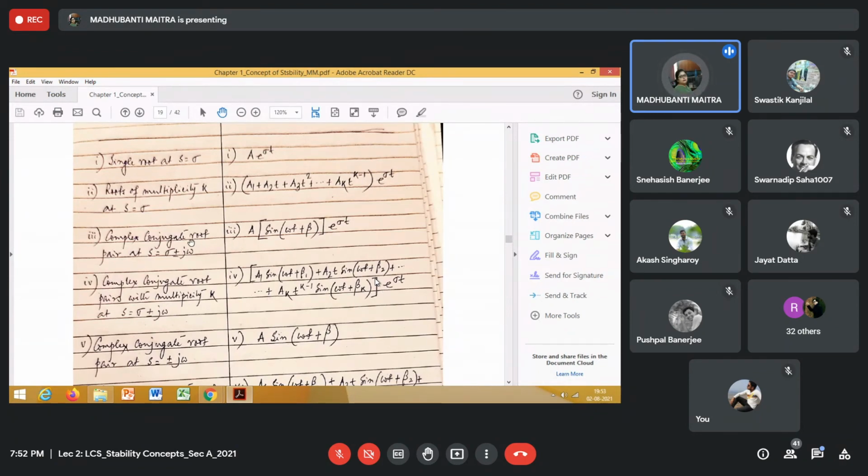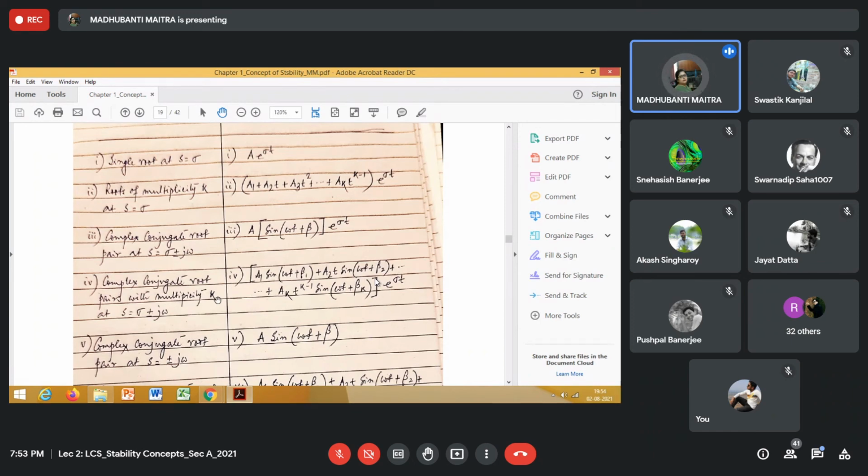For this case, your assignment is to write down the closed loop transfer function, and therefrom find out the response term C(t). And for the fourth case, just consider that the value of k is equal to 2. So at that particular location, you have complex conjugate root pairs, and the order of multiplicity k is equal to 2.